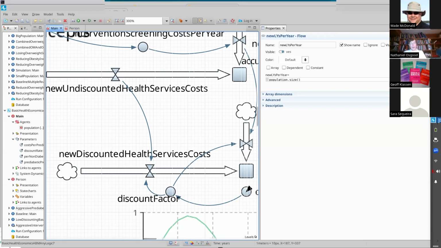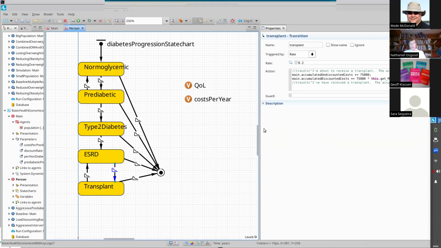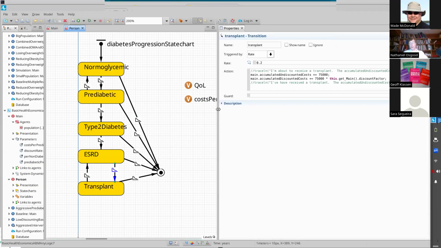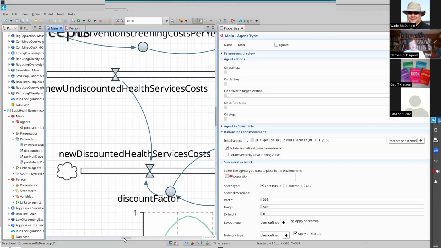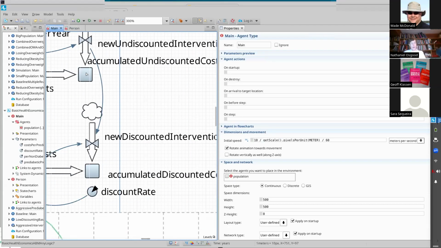Well, it's actually rather simple, and it's a testimonial that AnyLogic provides us the affordance to employ this technique. But basically, when that happens, this might make some old school system dynamics nemesis blush, but we just add that $75,000 into the accumulated discounted costs, and actually that times the discount factor for the accumulated discounted costs, and we add it in directly to the accumulated undiscounted costs.